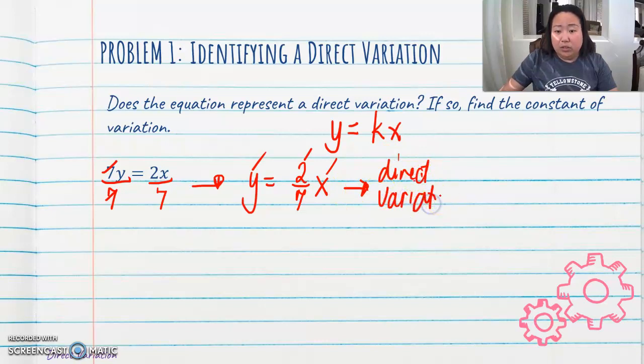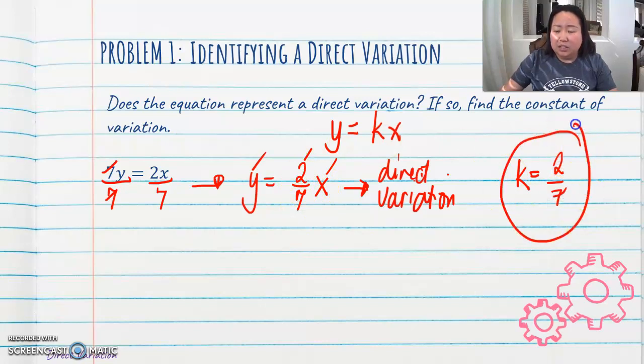So since we know that this is a direct variation, the value of our constant, which is k, is simply the coefficient of x. And what number goes with x here? It's 2 over 7. Okay, so that is the constant of variation.